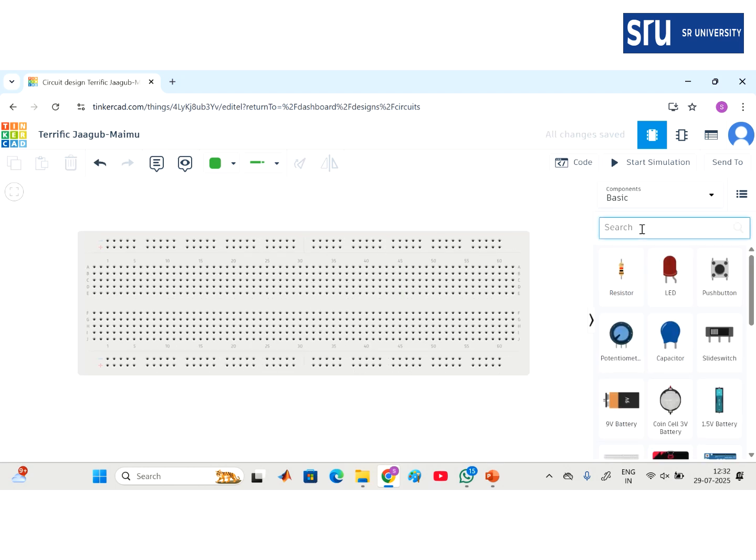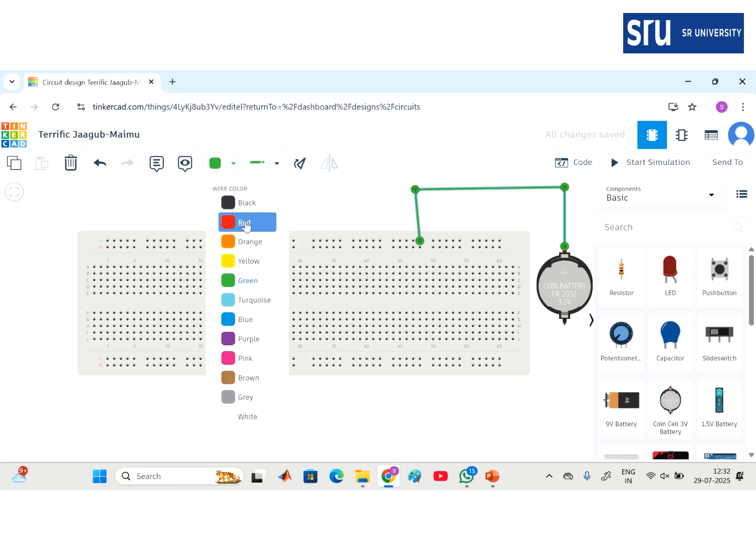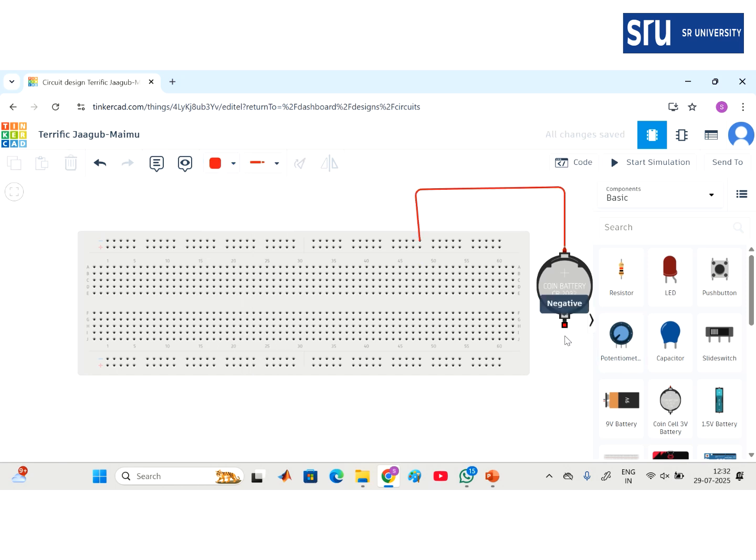Then I need a power supply, so I am providing a coin cell. Connect this positive terminal and change its color to red. Then connect the negative terminal, and change its color to black.